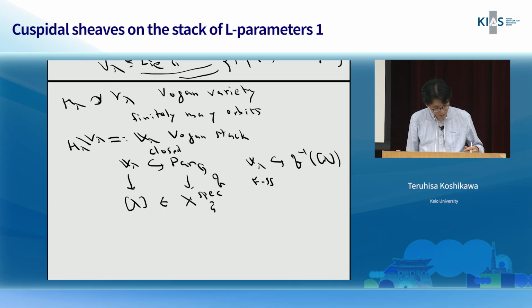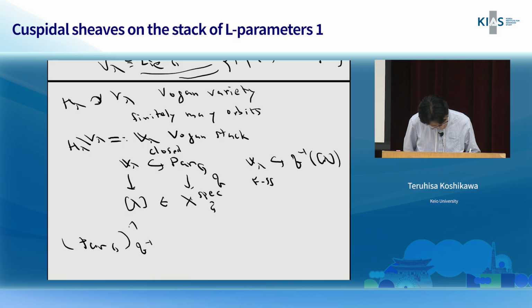Now, I look at the completion along these closed substacks. Okay? And that's basically what's happening in the previous talk. It's essentially the completion along the fiber. So I look at the completion along the fiber. Well, this may not be strictly necessary.